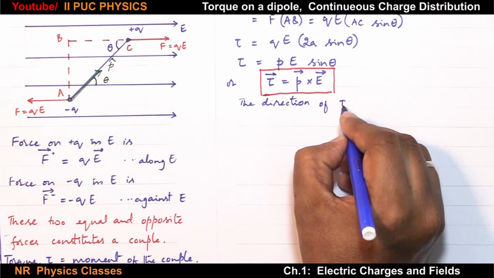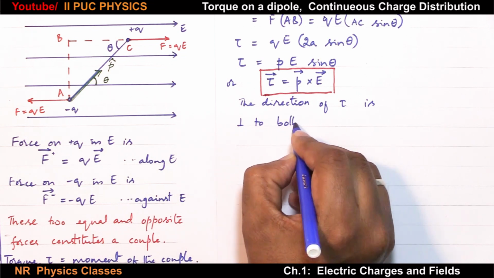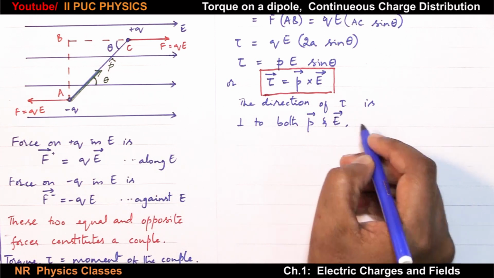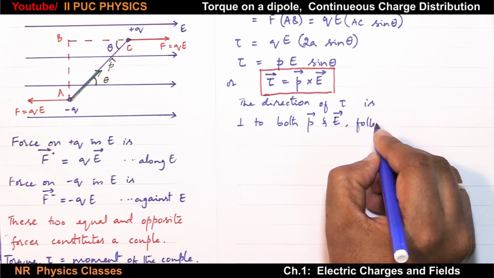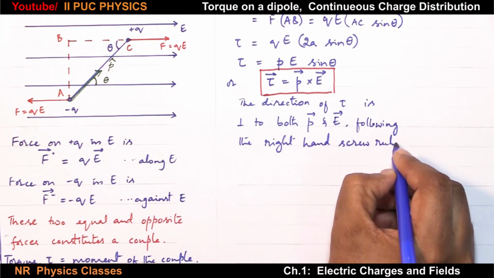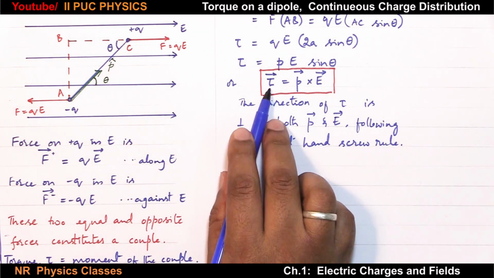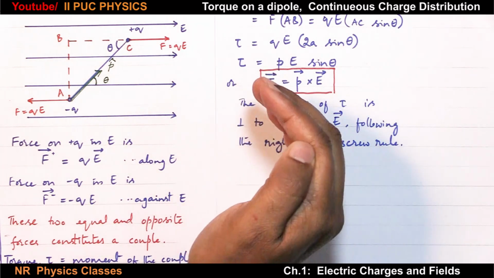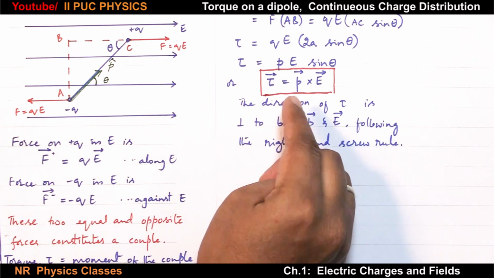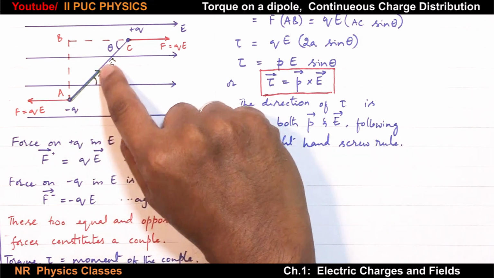The direction of tau is perpendicular to both vector P and vector E, following the right hand screw rule. Now the simplest way of finding the direction of tau: make sure that the curvature of the right hand four fingers is from P to E. Observe the diagram. The direction of P is this.